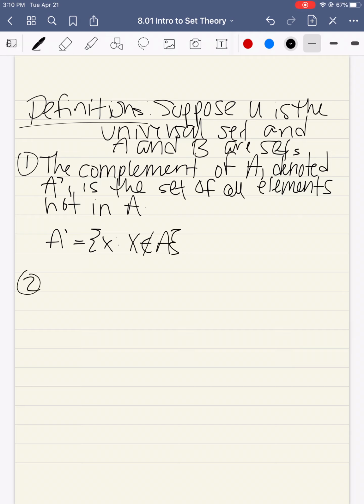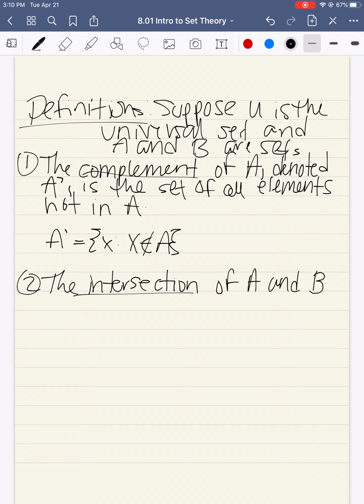So the second definition we have is intersection. The intersection of A and B, which is denoted by A with an upside down U. I made that very wide and drastic just so that we're clear, this is curved.